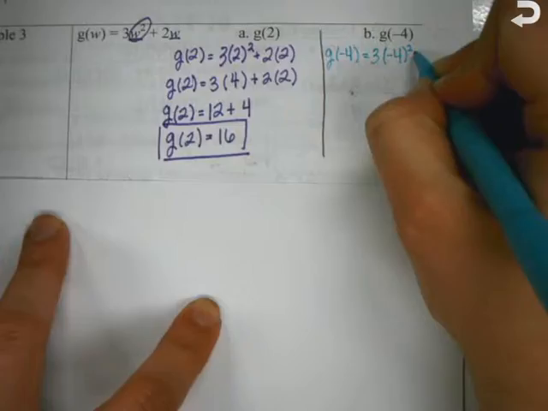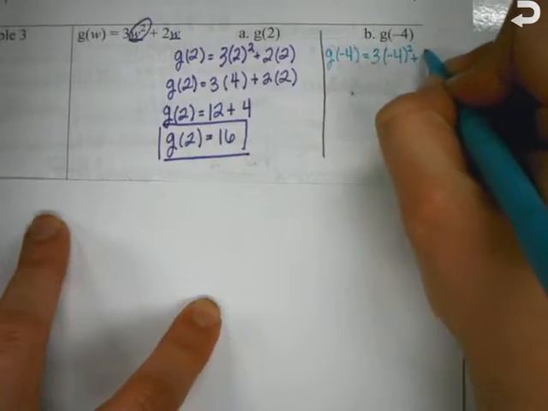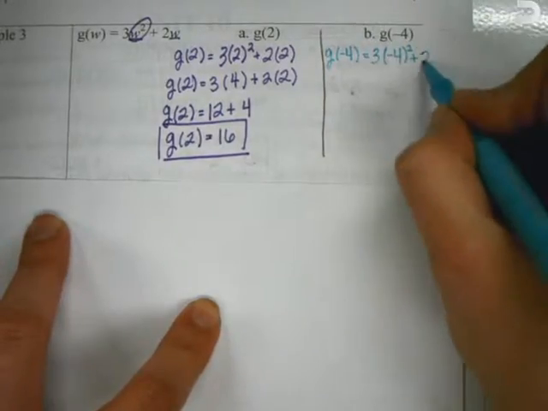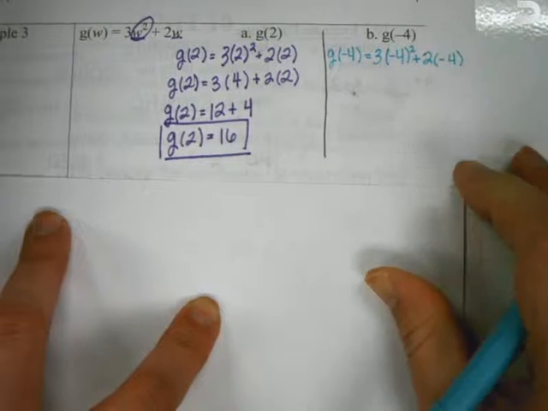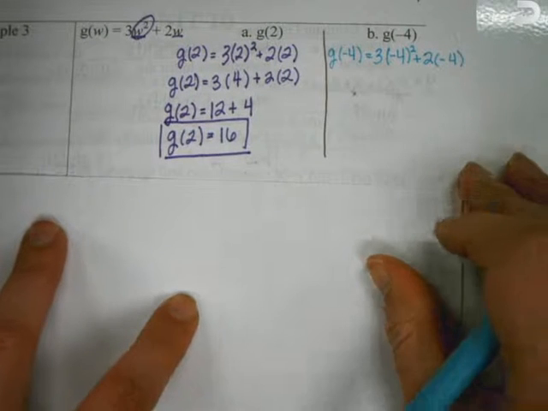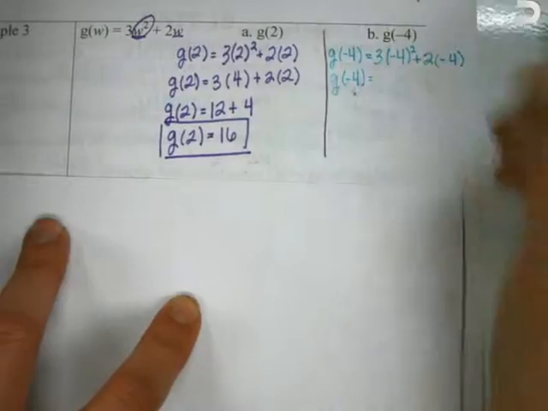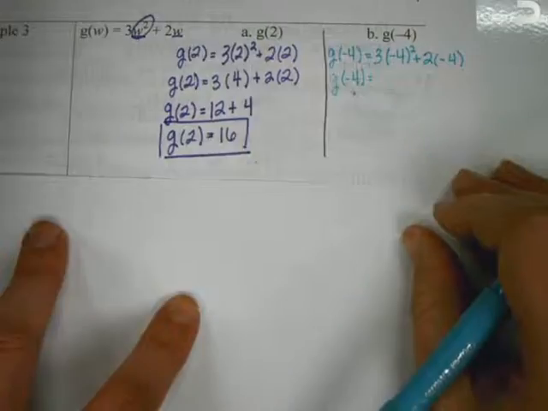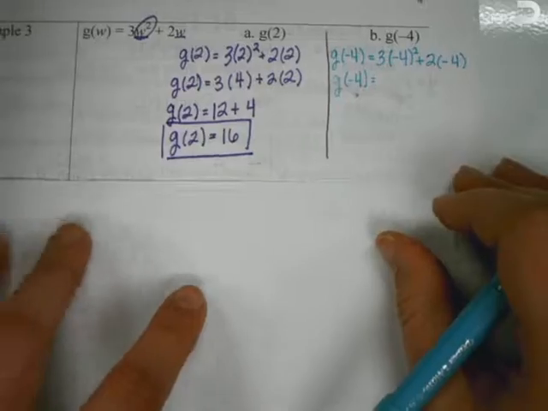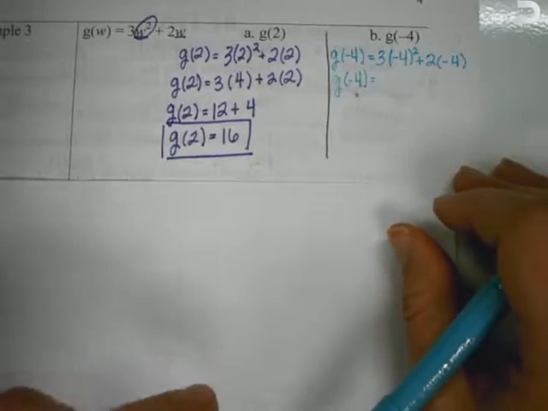Okay, Carlos, what's the next step? I don't want the answer, I just want the next step. Okay, you're skipping a step though, Bobby. We have to do the exponents first.